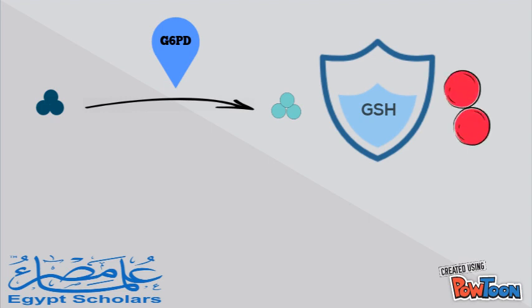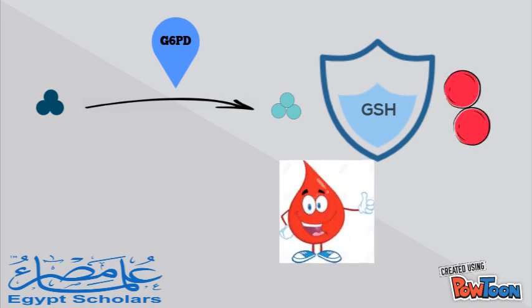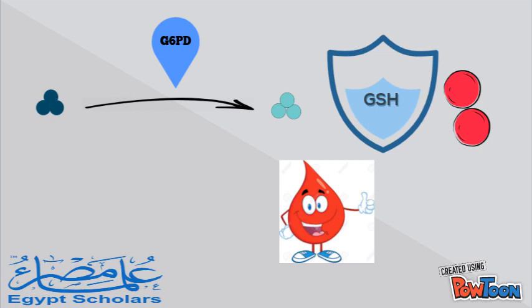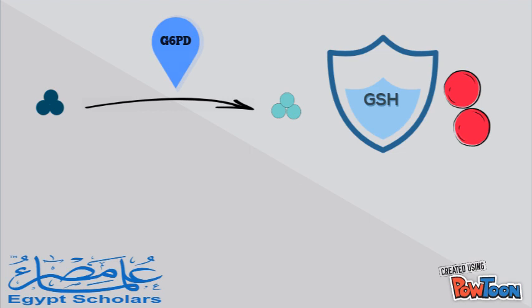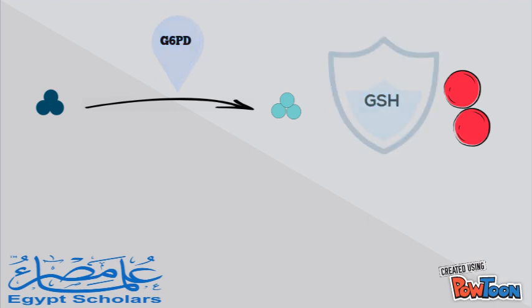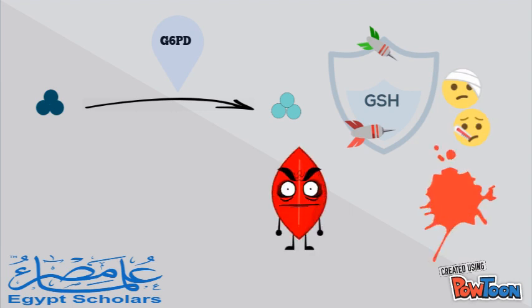This reduced glutathione protects our red blood cells and keeps their integrity. So, G6PD deficiency, and consequently glutathione deficiency, leads to weak red blood cells and their hemolysis on exposure to oxidizing agents, such as stress or some drugs.